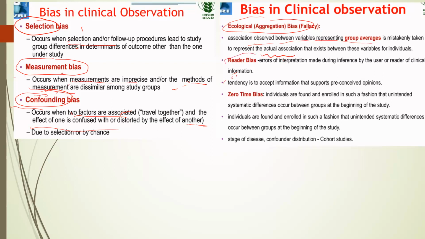Then reader bias is basically errors of interpretation. Then you have something called zero time bias. In zero time bias, individuals are found and enrolled in the same fashion so that systematic differences can be avoided in the beginning. But as the study progresses, these unintended systematic differences become obvious.